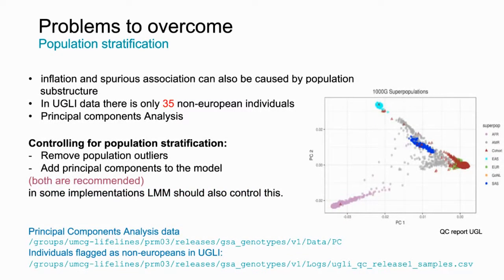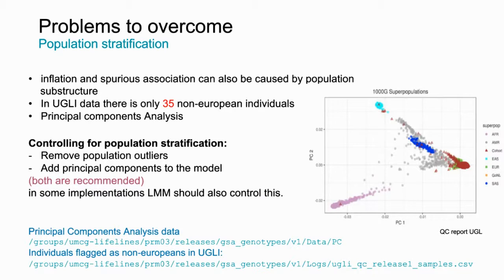The second problem I want to talk about is population stratification. This happens when you have individuals from different populations in your data. Different geographical regions are very diversified by ethnicity, and can also be diverse by other covariates, but mostly ethnicity means that you will have different linkage disequilibrium structure.